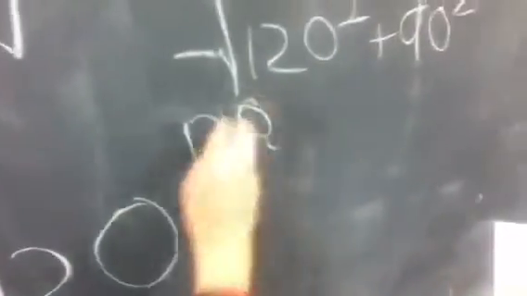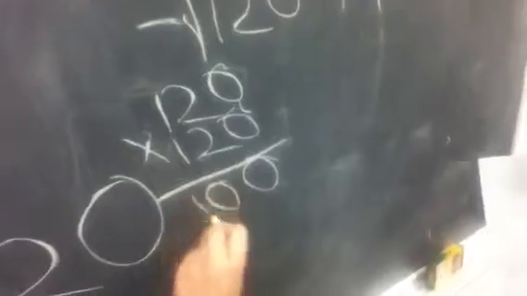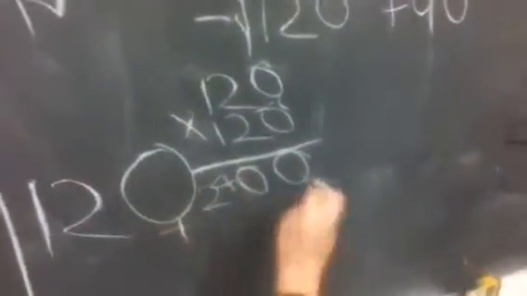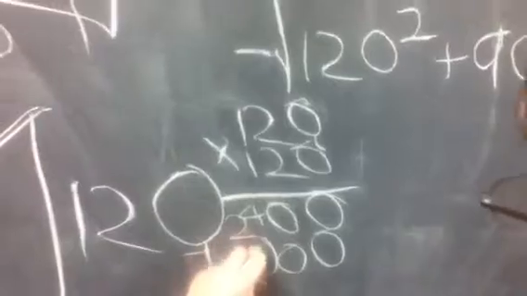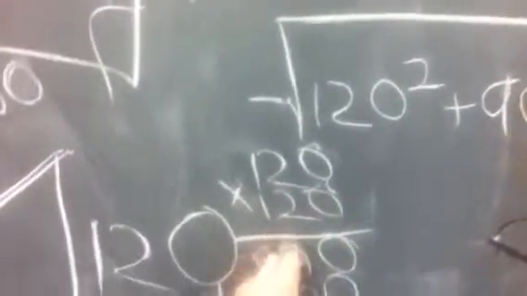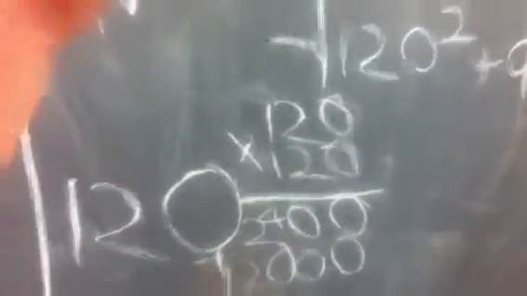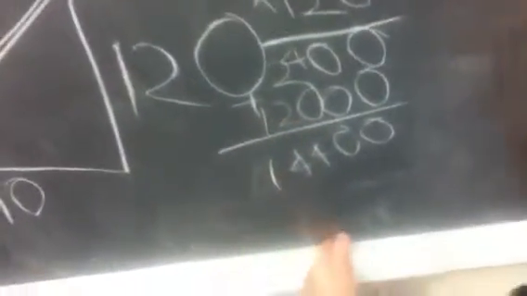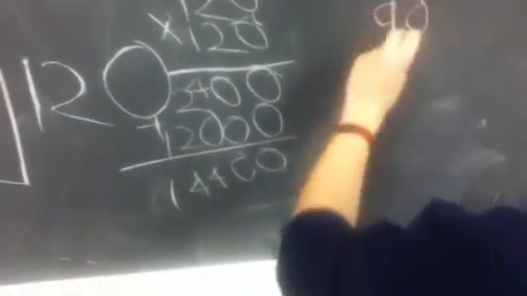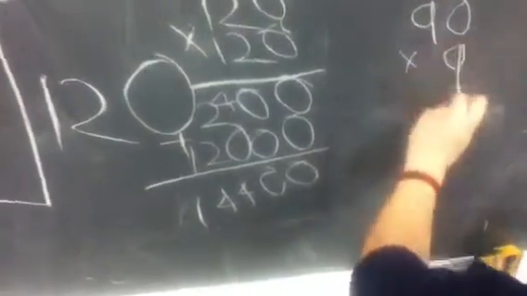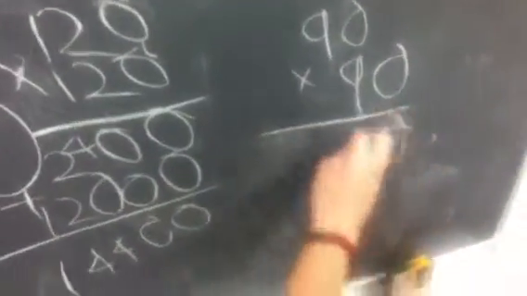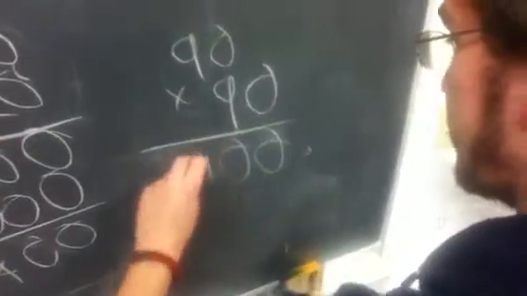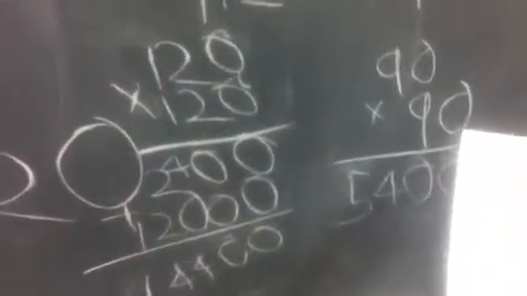120 squared is 14,400, and 90 squared equals 8,100.